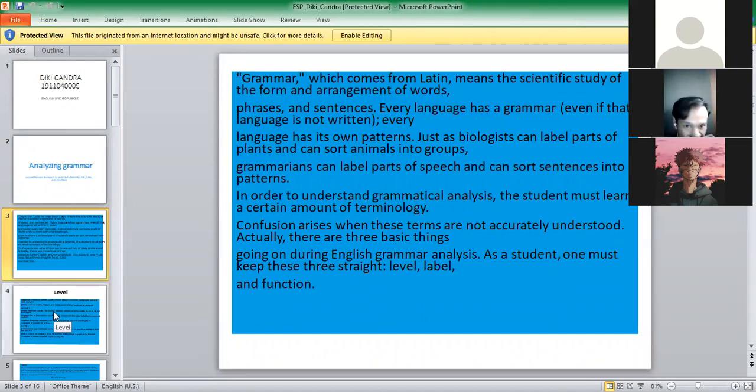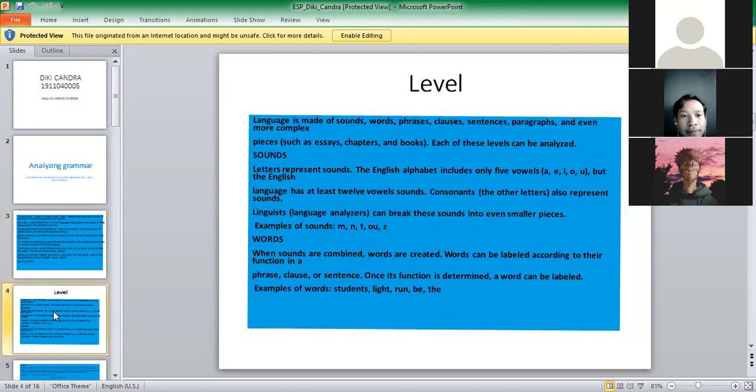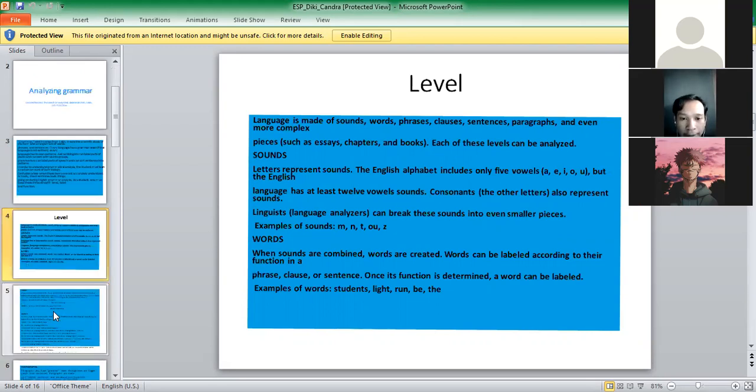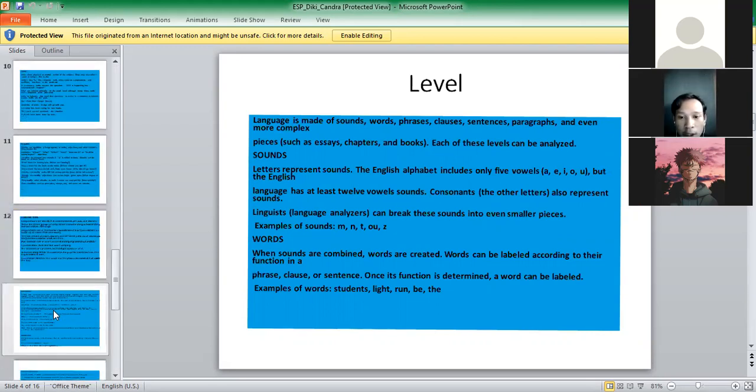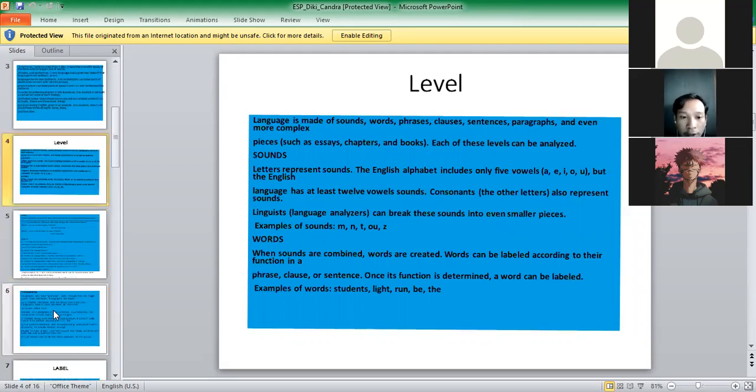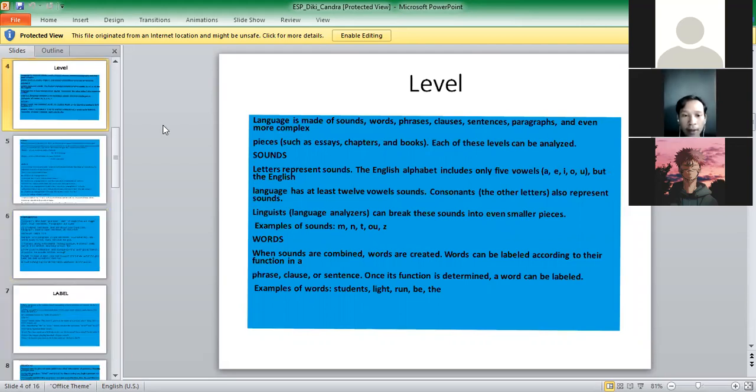And then level. Language is made of sounds, words, phrases, clauses, sentences, paragraphs, and even more complex units such as essays, chapters, and books.